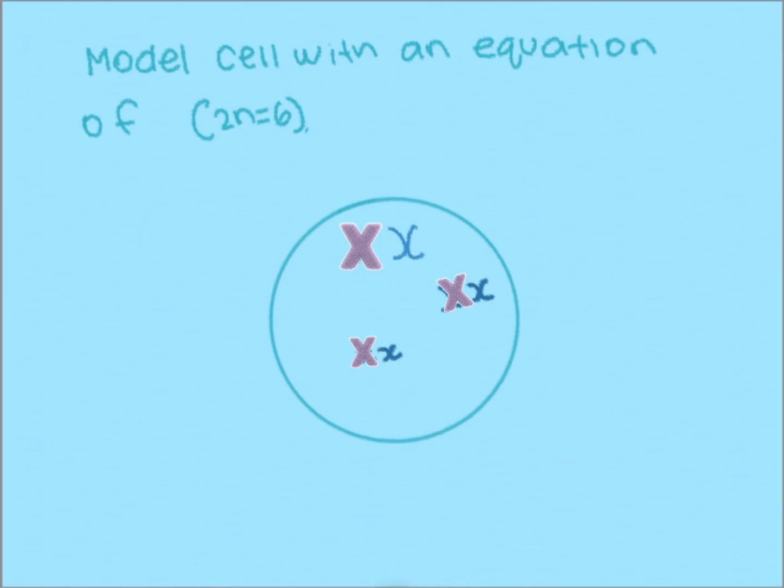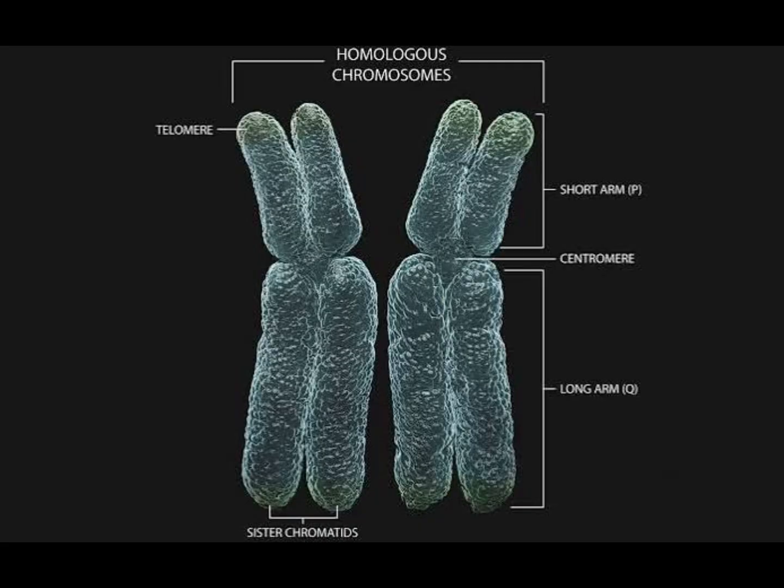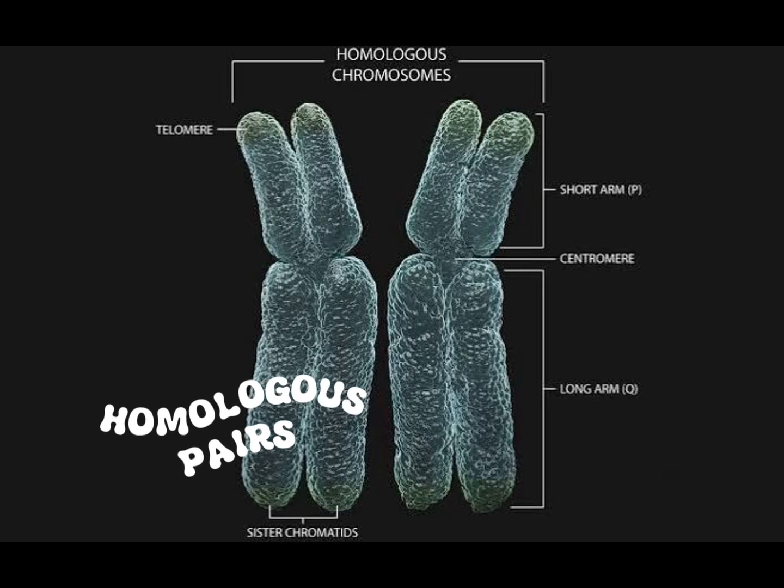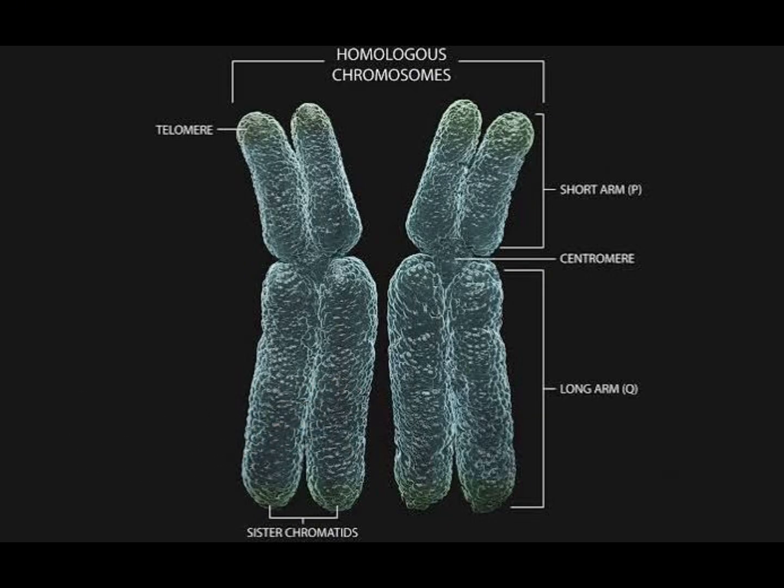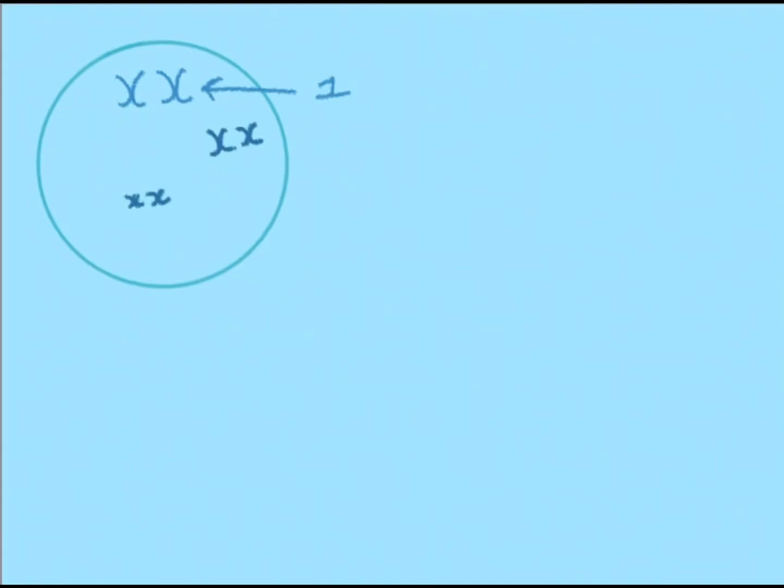Because the cell has 2 of each type of chromosome, they group into what biologists call homologous pairs. Homologous just means they match in size and shape, and the types of genetic instructions they carry. In the model, the 6 chromosomes will form 3 distinct pairs.